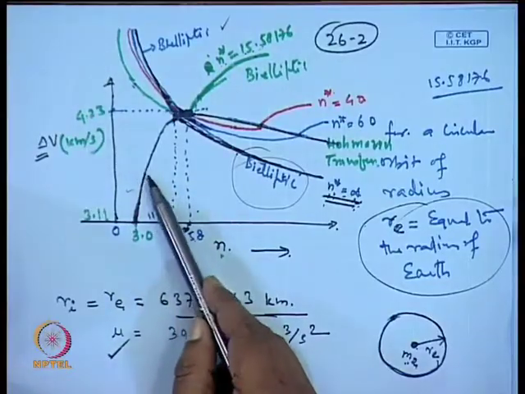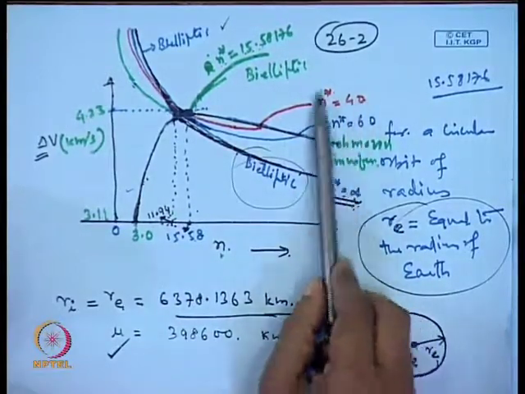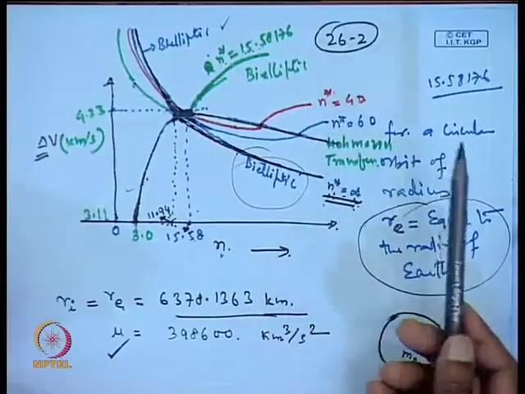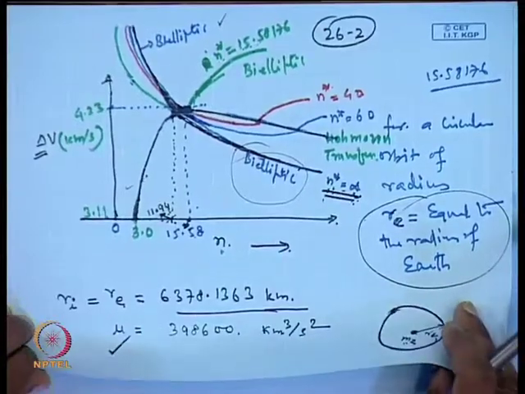If that kind of transfer is to be done, then naturally you go for the Hohmann transfer. And whatever we are looking at here, n star equal to 40 and other values, may be useful for interplanetary transfer, once we are going from one planet to another planet. At that time these orbits may be useful, otherwise in the present context where we are dealing with the Earth, the bielliptic transfers are not useful.